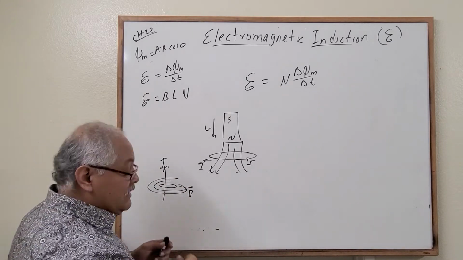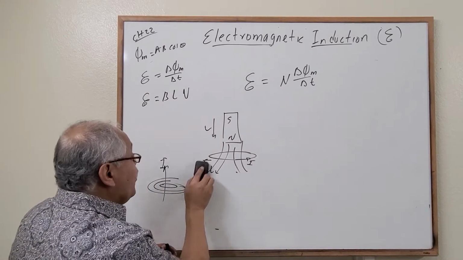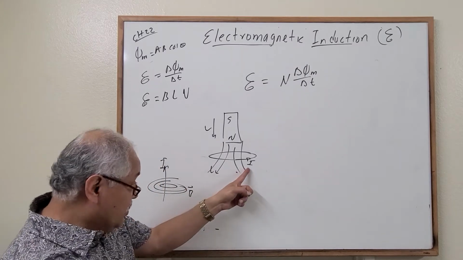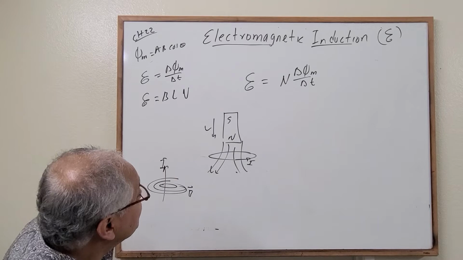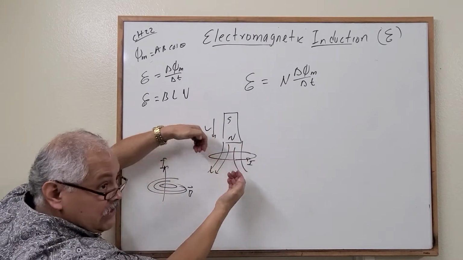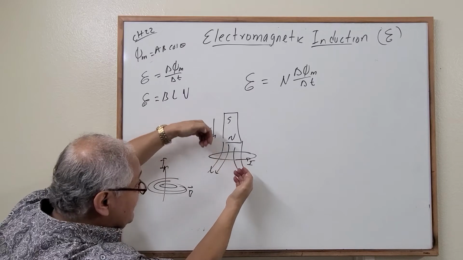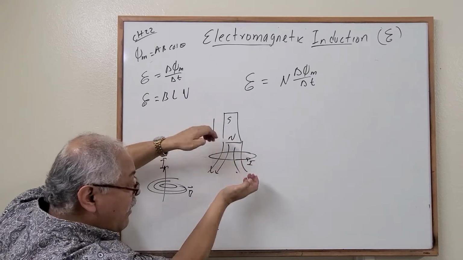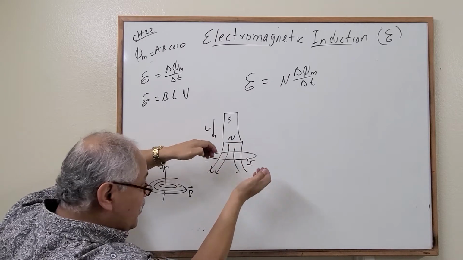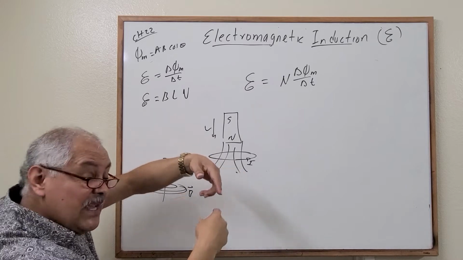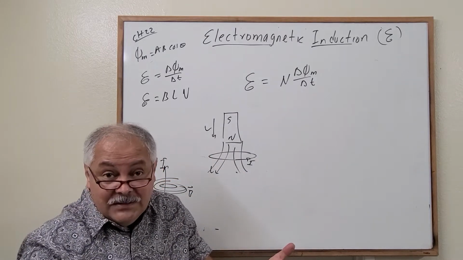Well, that means that the induced current must be opposite, in the way that its magnetic field opposes the increasing strength of the incoming magnetic field. So it's going to be opposite. Otherwise, it's going to be in the same direction and the current is going to increase. And that's not what happens in nature, in the experiment.